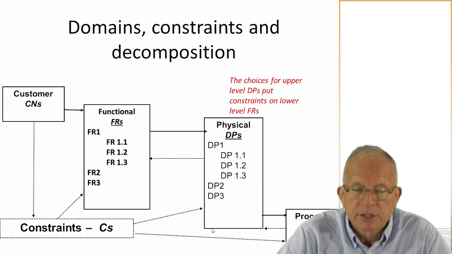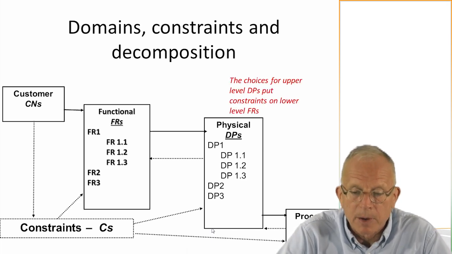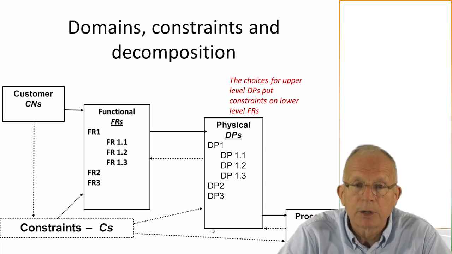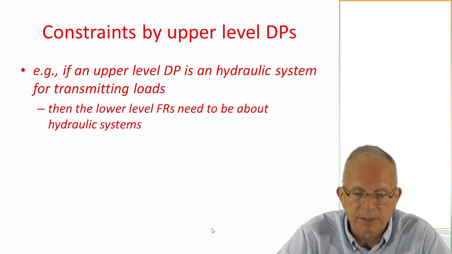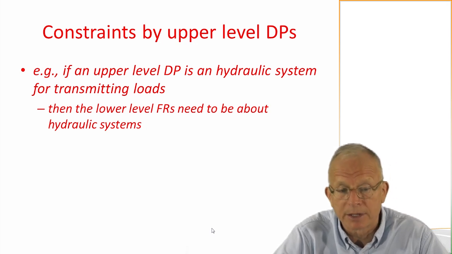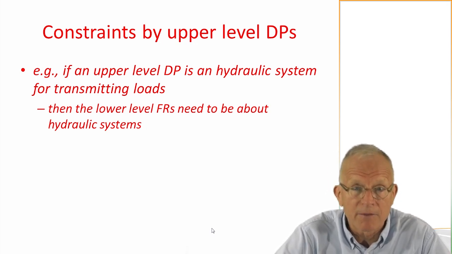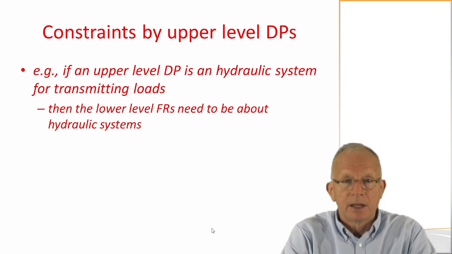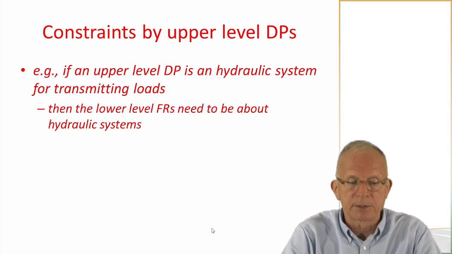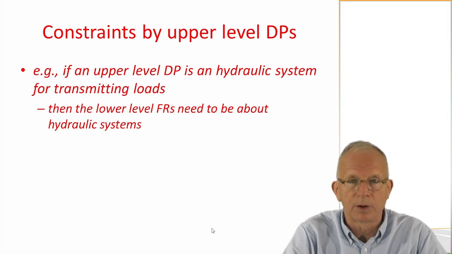Now, another way to think about constraints is they come from the choice of the upper level DPs. They put constraints on the lower level FRs. This is the way that works. If an upper level DP, say, is a hydraulic system, then the lower level FRs are going to be addressing the functions of a hydraulic system as opposed to, say, a pneumatic system or a mechanical linkage.